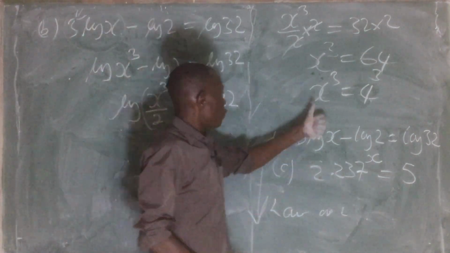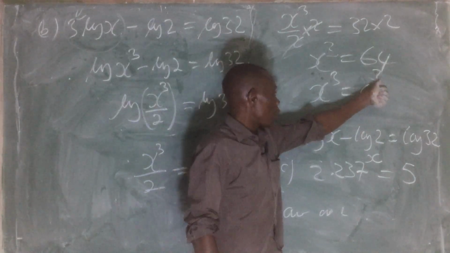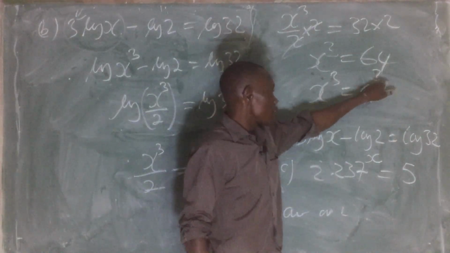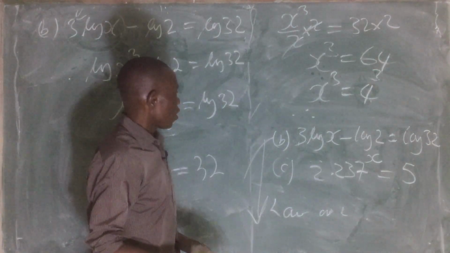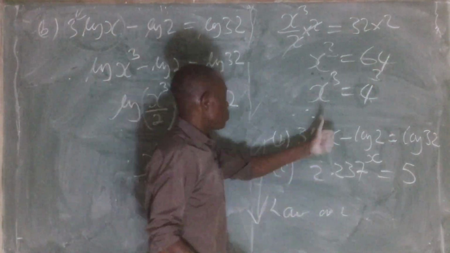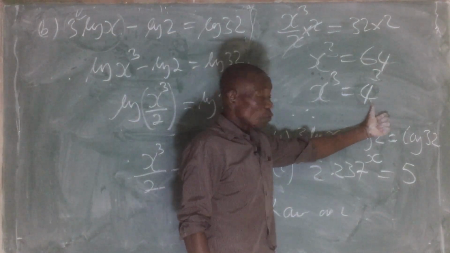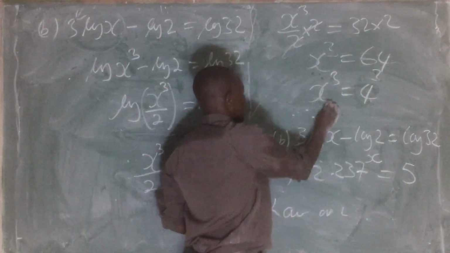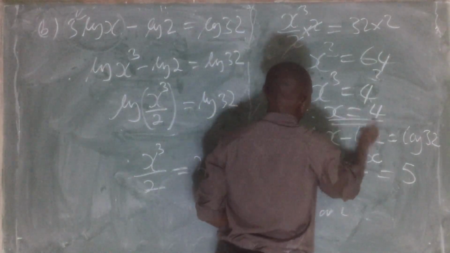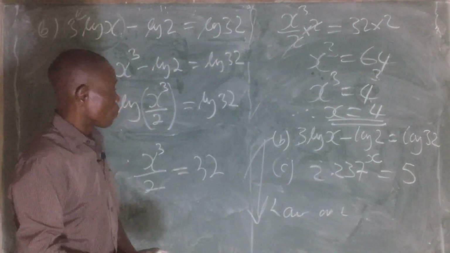So here we have x to the power 3 is equal to 4 to the power 3. If exponents are the same, why should we not have bases being the same? Otherwise, the equation is not correct. So if exponents are the same, then definitely the bases must also be the same. It means from there the value of x is 4.